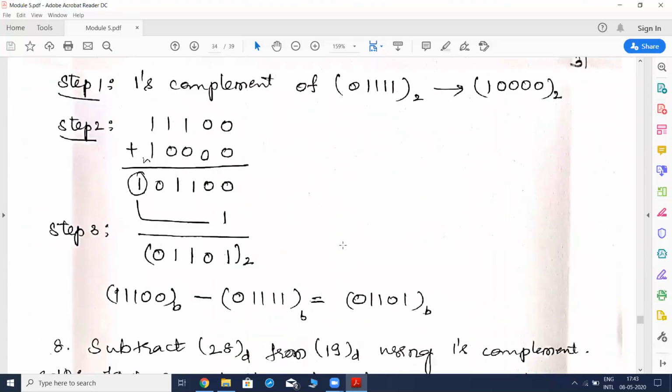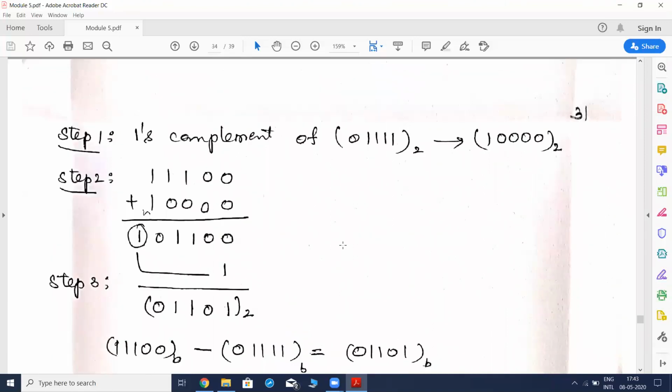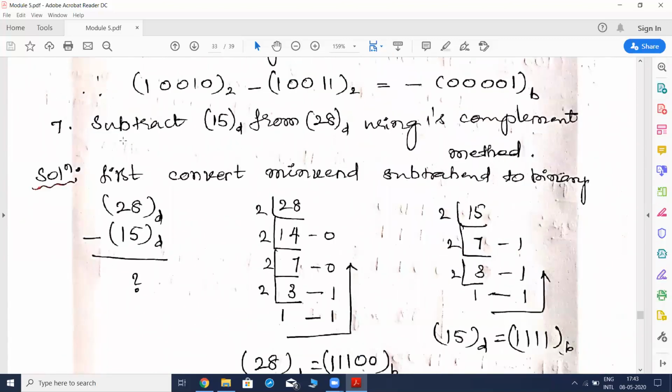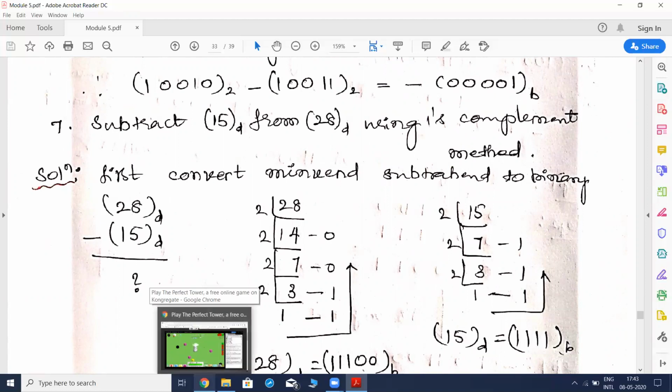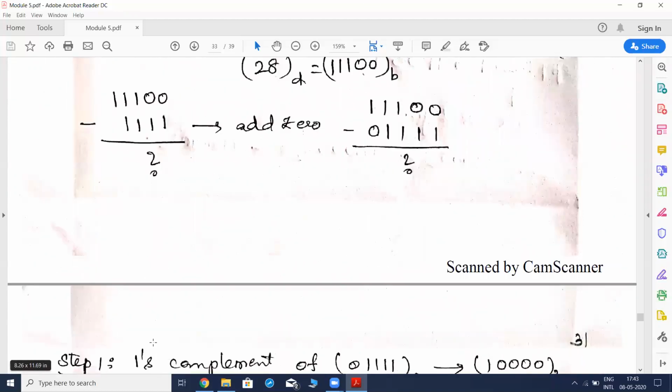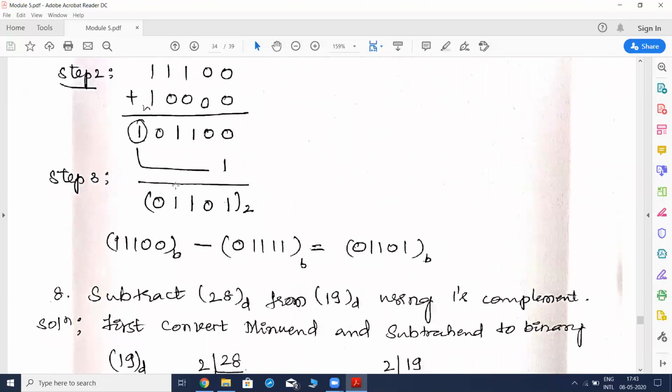Okay. So here the procedure is being shown. The first thing is to take 1's complement of the subtrahend, which is being taken here, and then add it to the minuend. In our example, our subtrahend is less than the minuend, so you will result in end around carry, which is being shown over here.